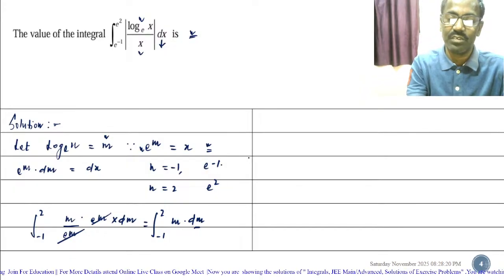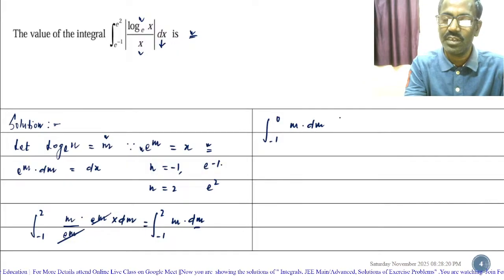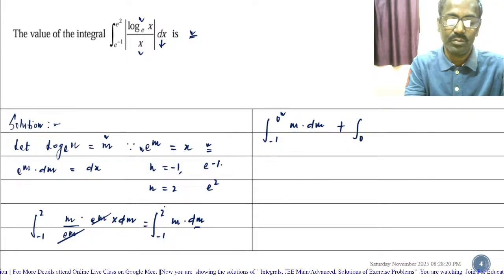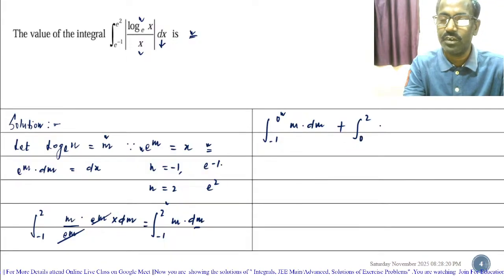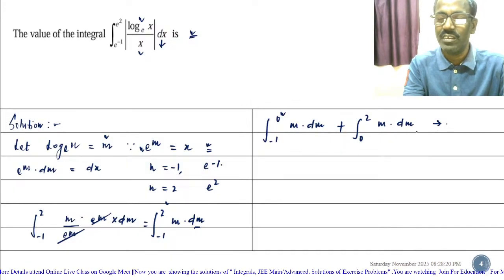So the next step is the integral from minus 1 to 0 of m into dm, plus the integral from 0 to 2 of m into dm. At this step the question is very easy.